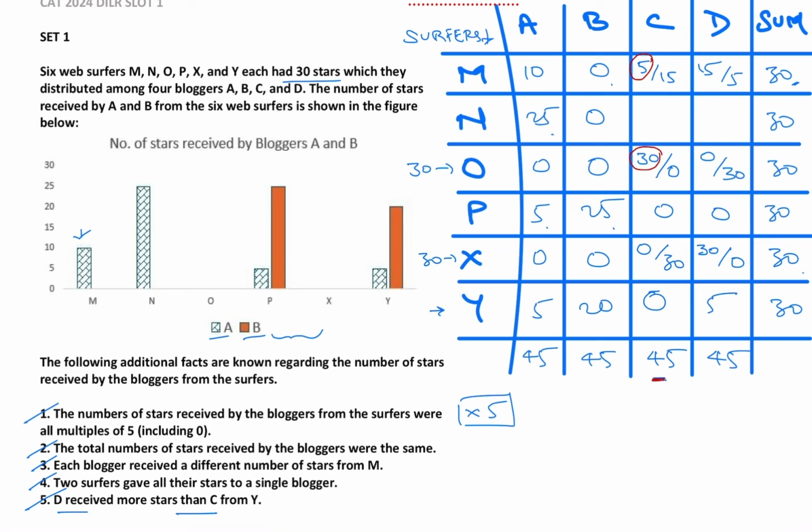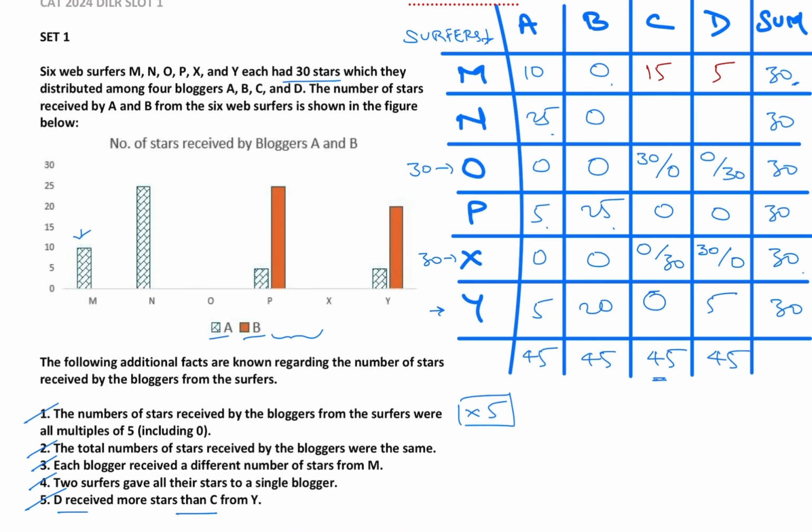So which means that M will give 15 points to C and not 5. So this will be 15. And if this is 15, D will give 5 points. So this will be 5. Okay. Now let's work out a bit more.